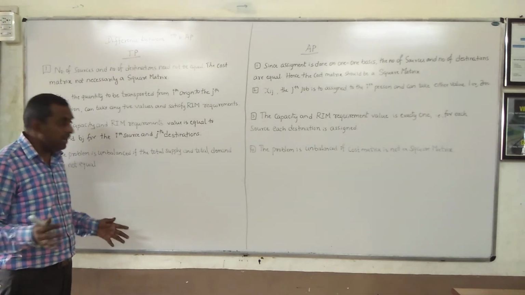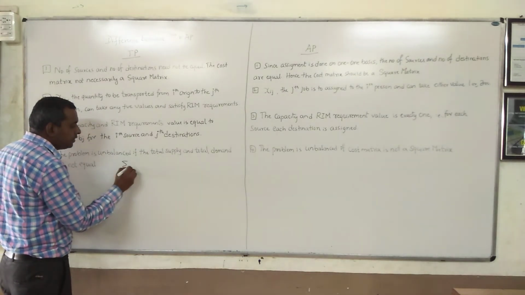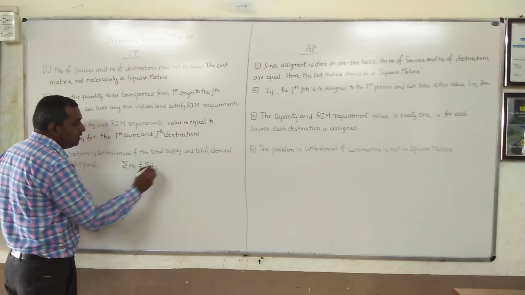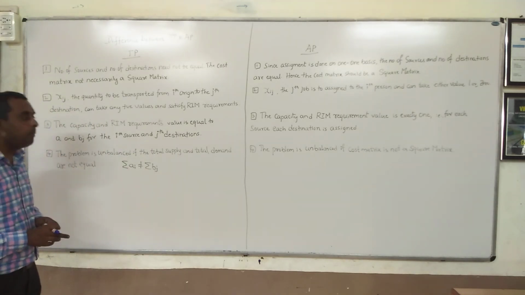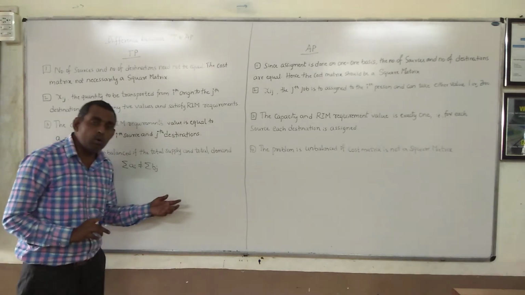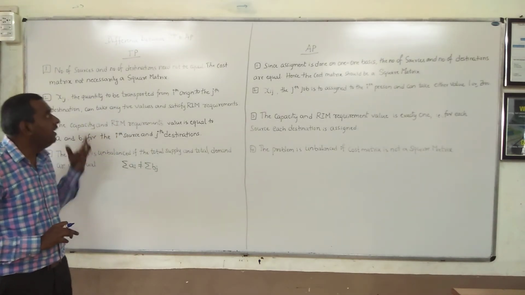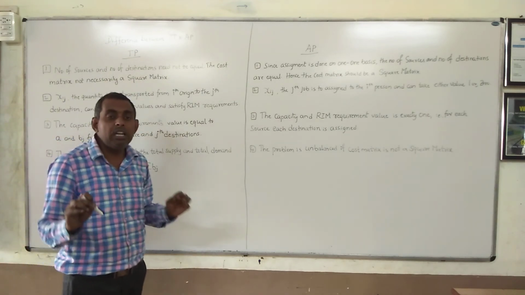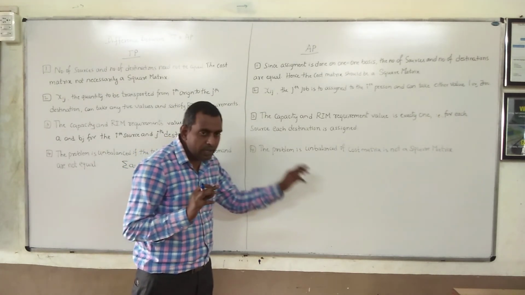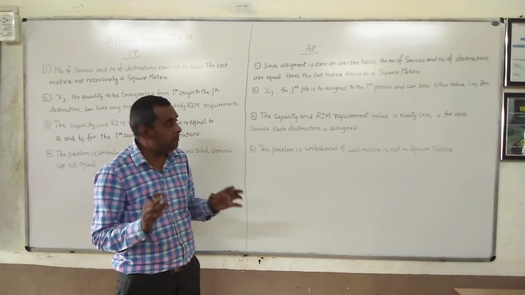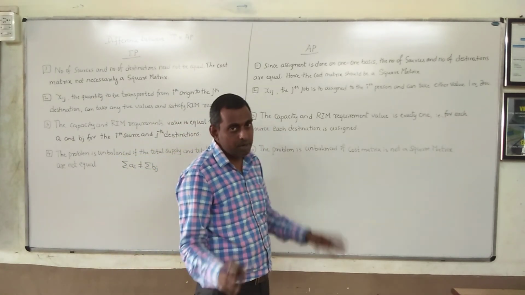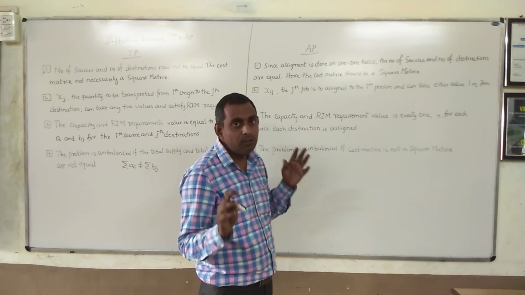You can say it is unbalanced if summation Ai is not equal to summation Bj. Fine. So total supply should be equal to the total demand. If the total supply is not equal to the total demand, we can say the transportation problem is unbalanced. Whereas in case of assignment problem, the assignment problem is unbalanced if the cost matrix is not a square matrix. It has to be n cross n.